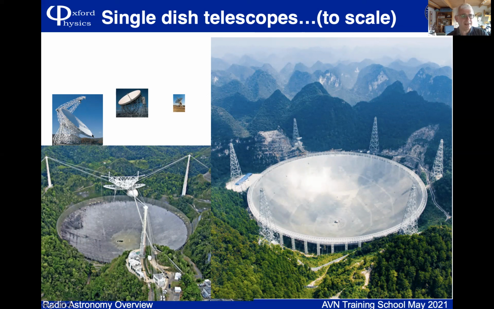This is the 100 meter telescope at Green Bank in the US. This is an old photograph of the 300 meter antenna at Arecibo, now sadly defunct. And this is the currently largest single aperture telescope in the world, the 500-meter spherical telescope FAST in China.